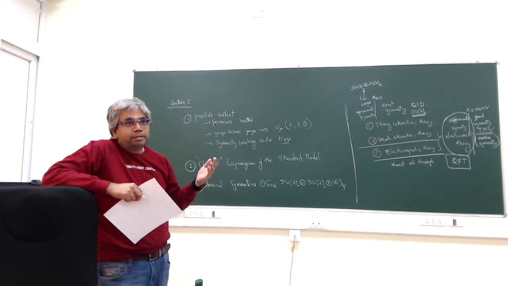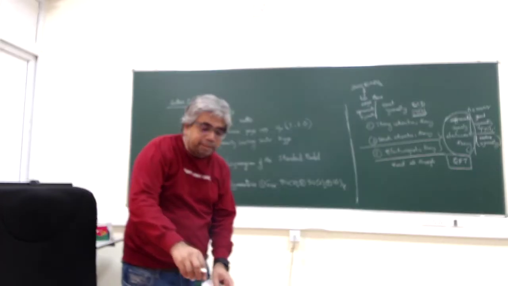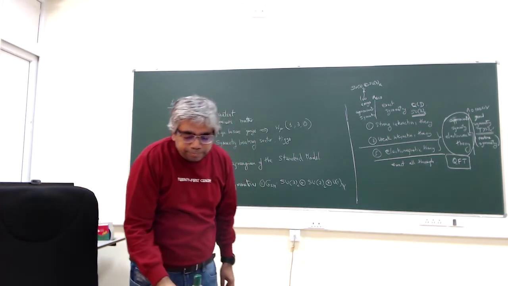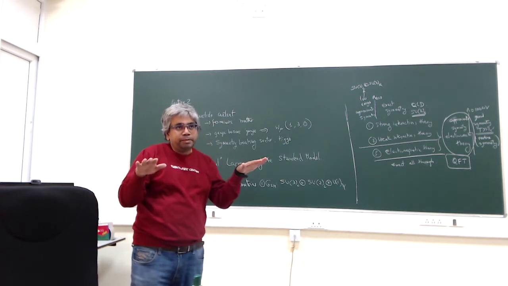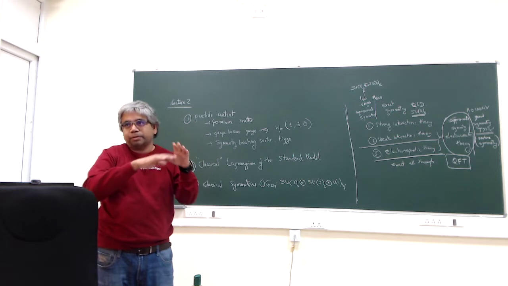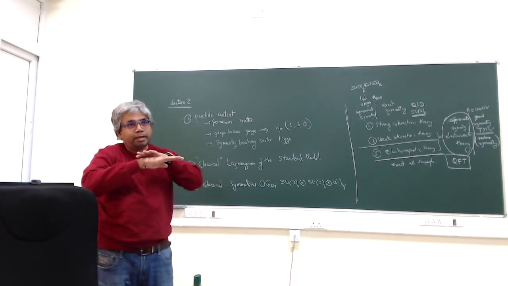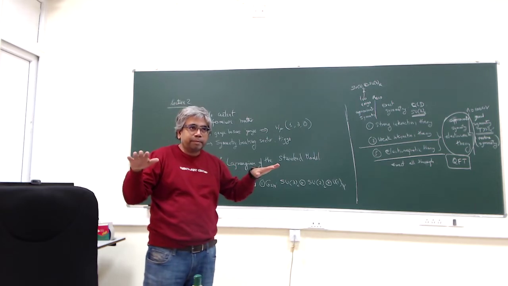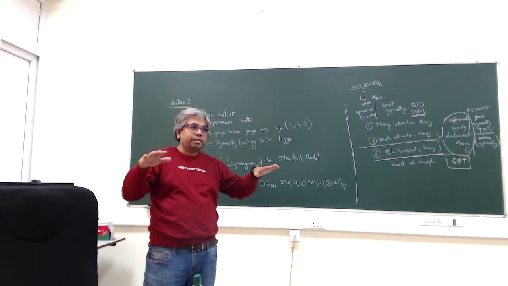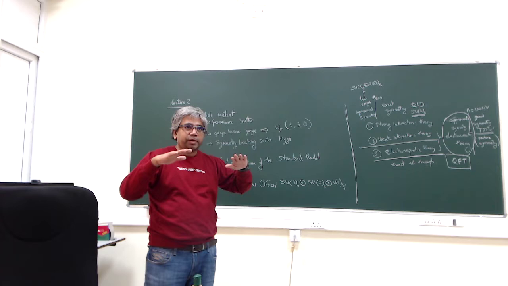Okay, weak interactions. At the lowest energy state, this is spontaneous symmetry breaking. You have some sort of a double well potential, and you believe that the universe resides in the lowest energy state. At the lowest energy state, the Higgs obtains a vacuum expectation value.